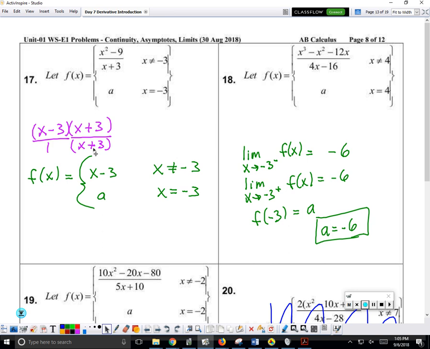And according to these instructions, you don't ever use -3 with this formula. So that means for this problem, this is always equal to 1. Which means for this problem, I would rather not use this formula for f. I prefer to use this formula for f because they're the exact same thing.